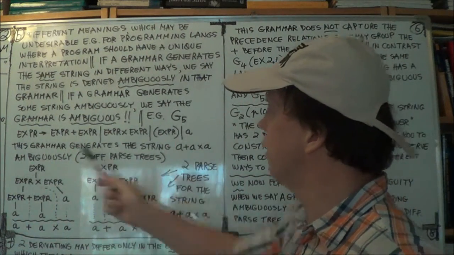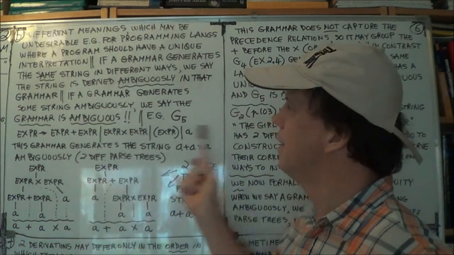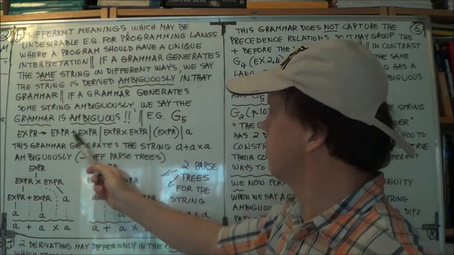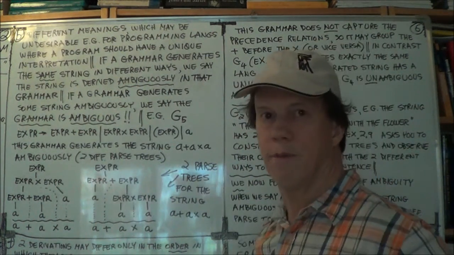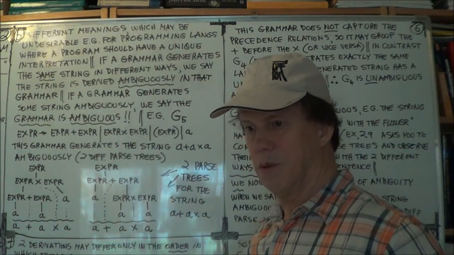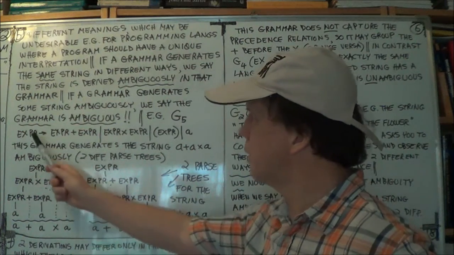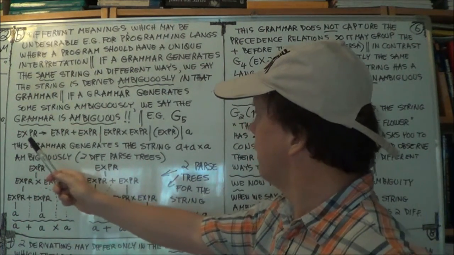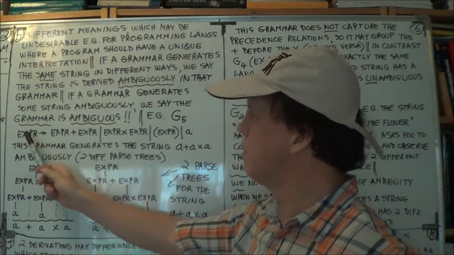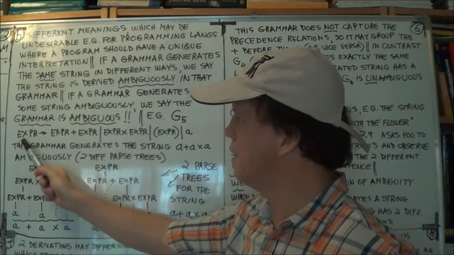So here's this grammar G5, and here are its rules. Okay, here's the rule set. In fact, how many rules are there? It's just 1, 2, 3, 4. That's it. Four rules in the substitution rules set. Well, there's only one variable, so it has to be the start variable. So the start variable is EXPR.